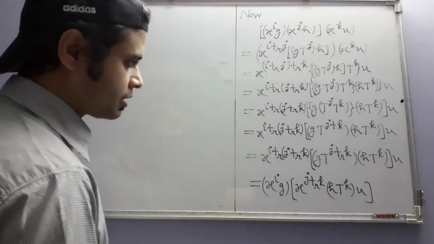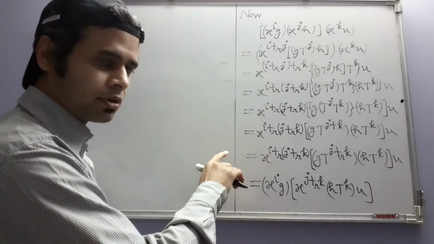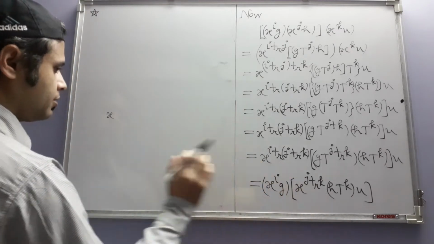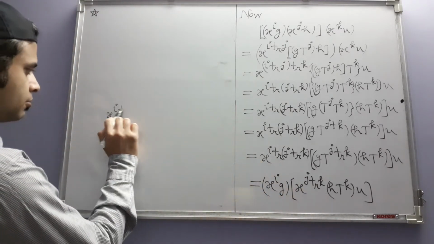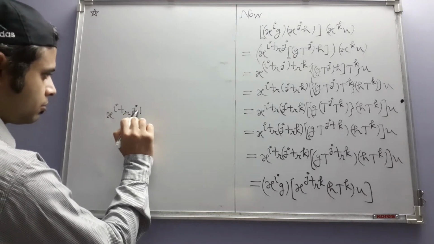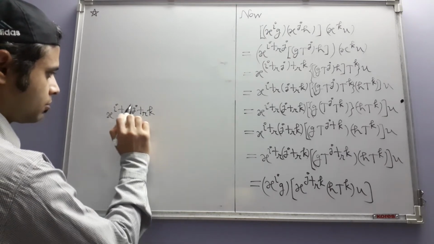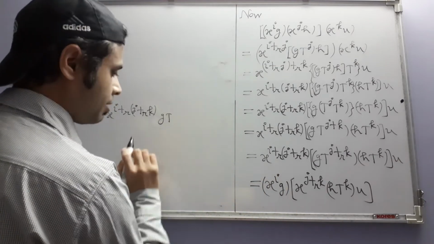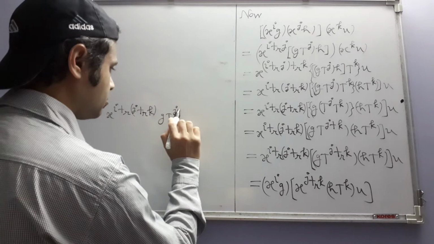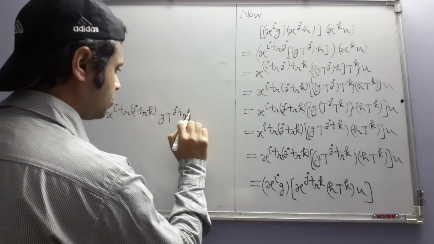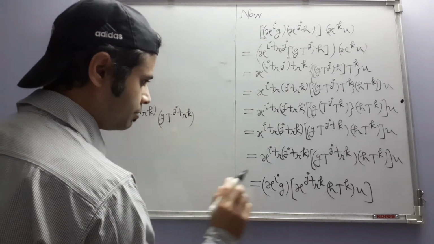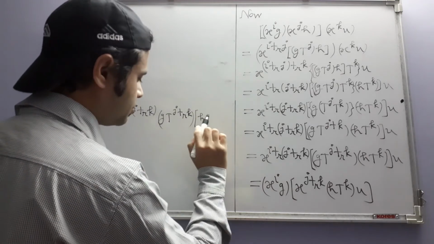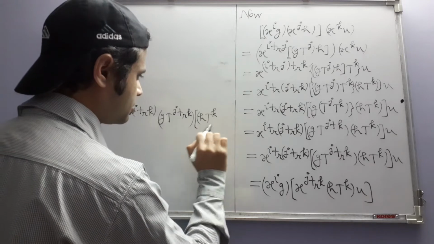The intermediate step is this: if one goes backwards, one will get this. From here one will write this, and on G we are applying, so we get one element, you have the product of that and this.